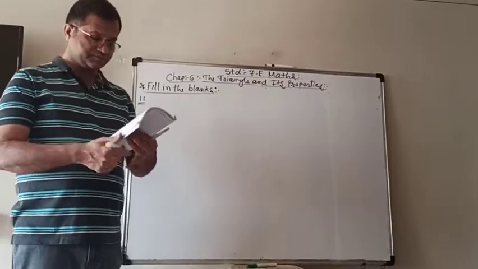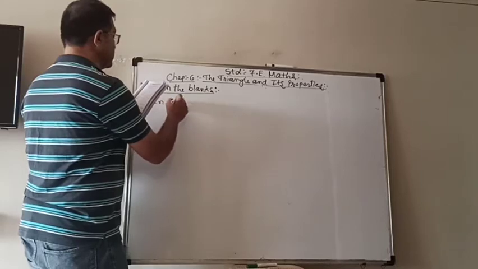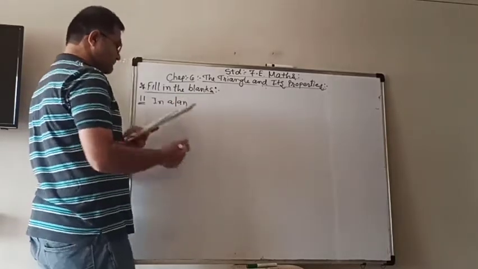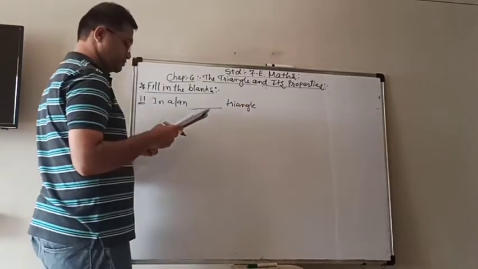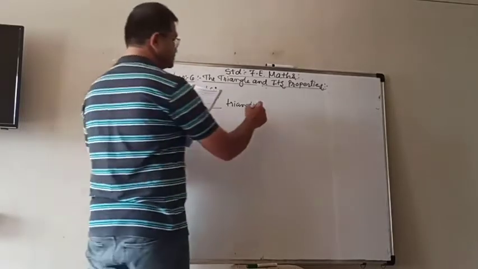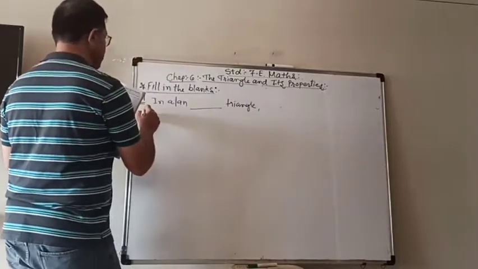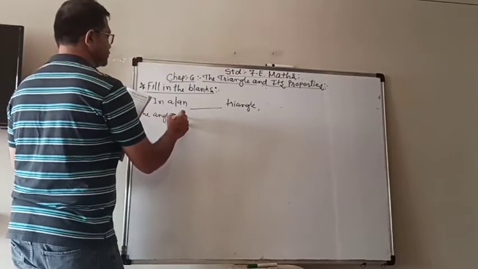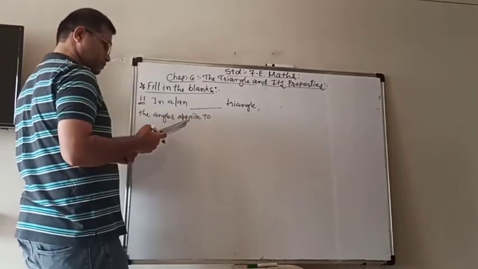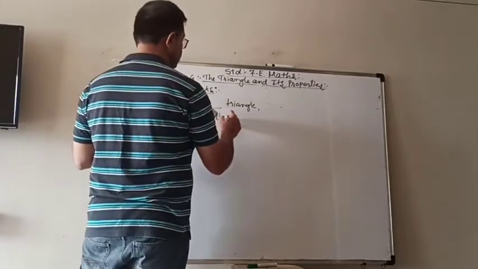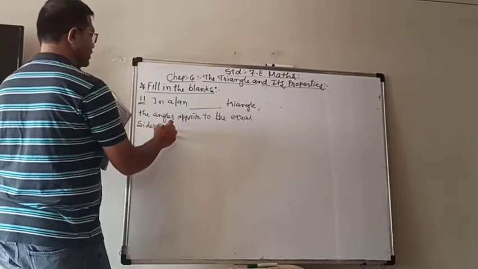So now the 11th. In a blank triangle, the angles opposite to the equal sides are equal.